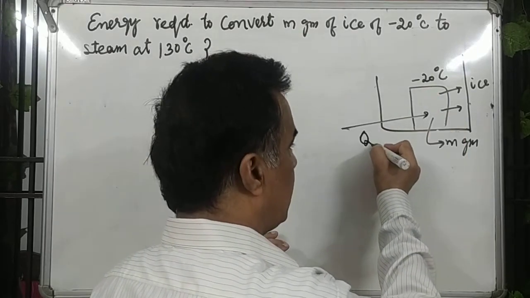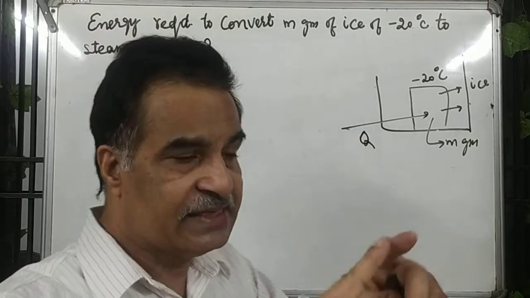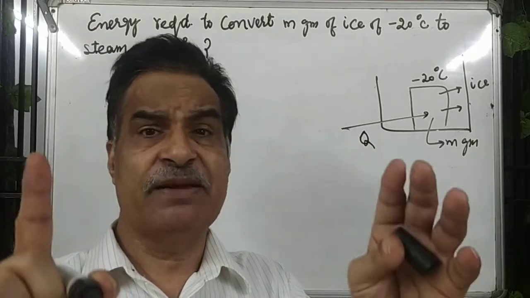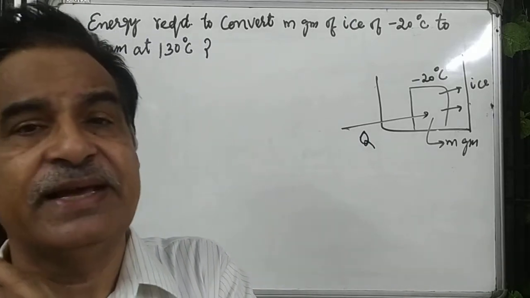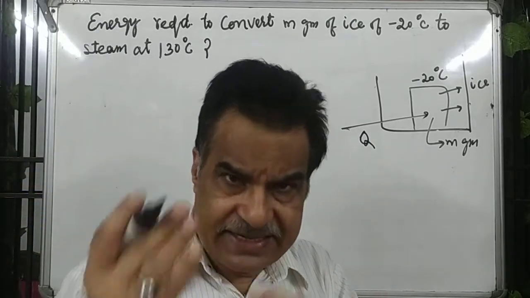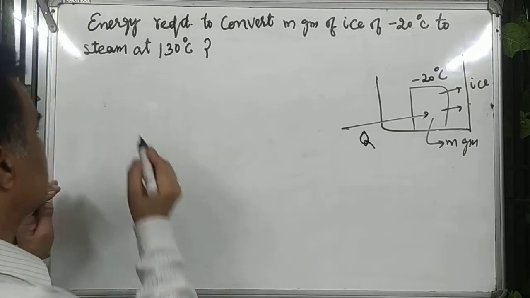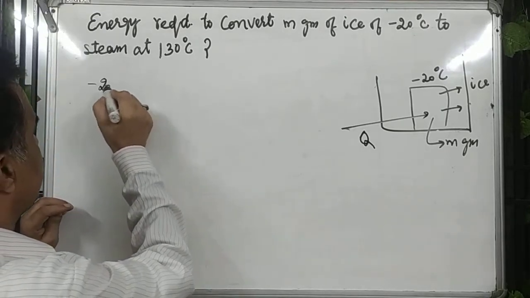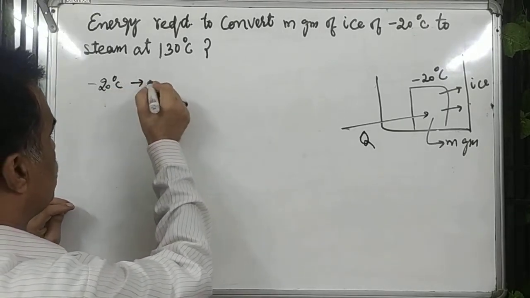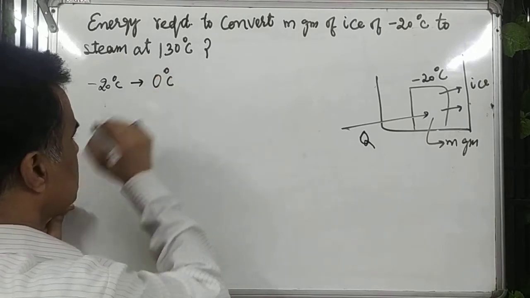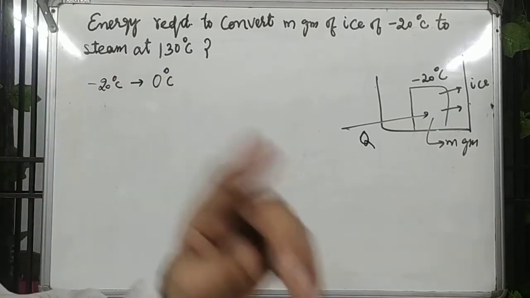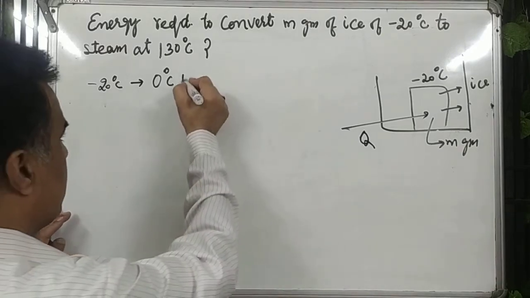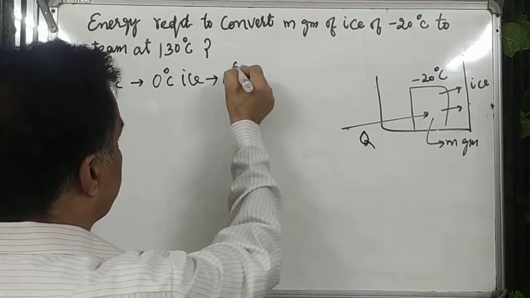to the ice. So ice at minus 20 degrees Celsius will convert into ice at 0 degrees Celsius. It will be heated. So that is minus 20 degrees Celsius to 0 degrees Celsius, and on further heat supply, ice at 0 degrees Celsius will convert into water at 0 degrees Celsius.